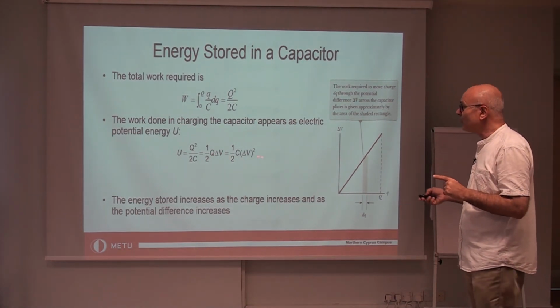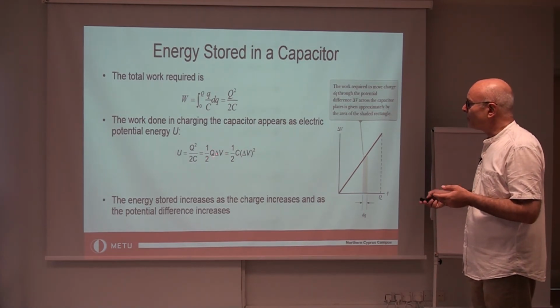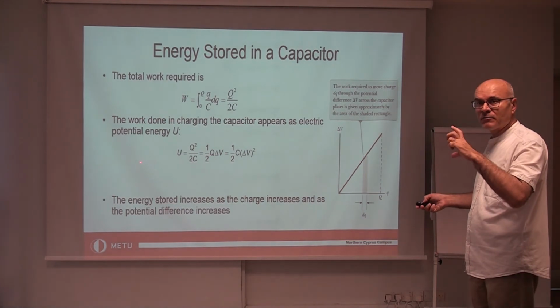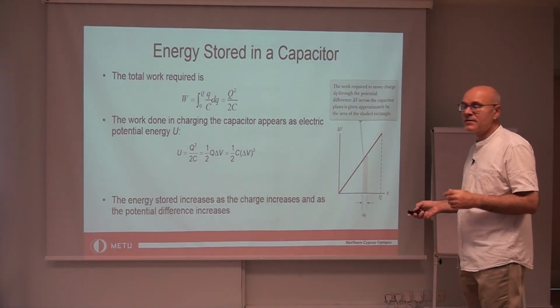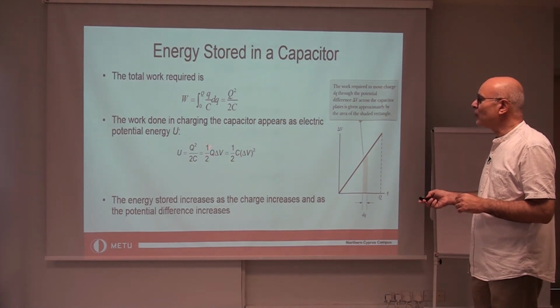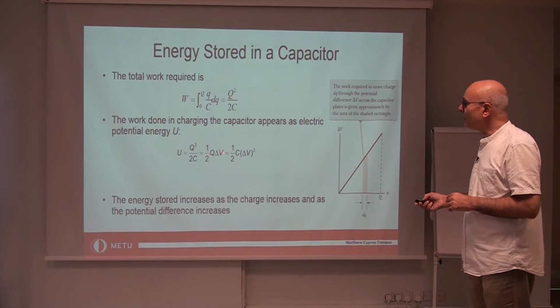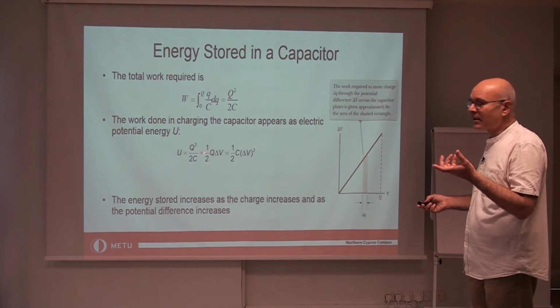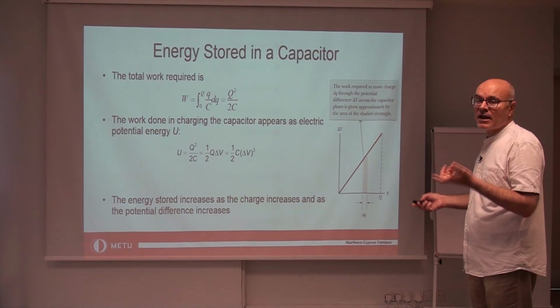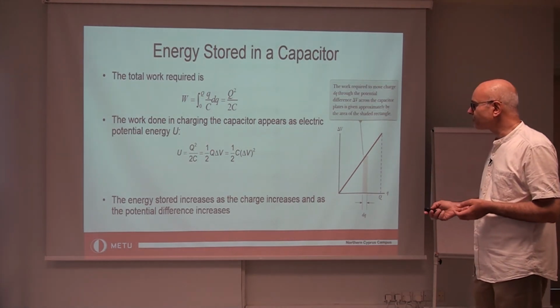Okay, so there are different ways of doing it. As you can see, it is just total Q multiplied by the potential difference divided by 2. This is what it is equal to, and it increases with Q and delta V. So for the same Q, if the capacitor has a higher delta V, then in this case you will have a higher energy.